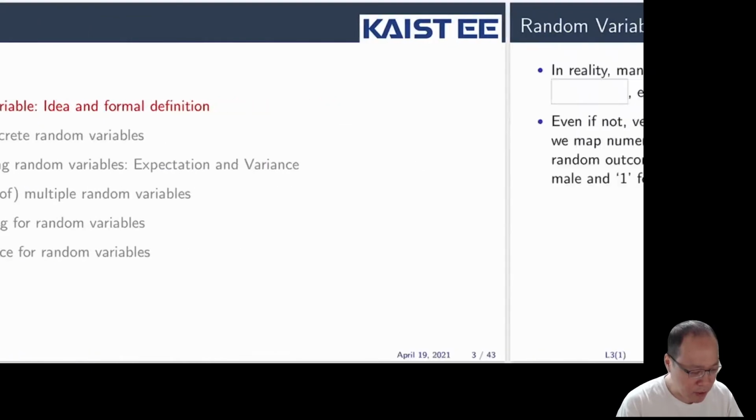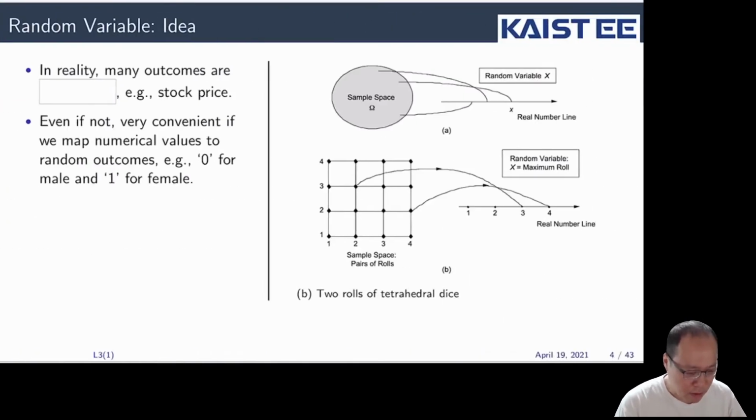Okay, first, random variable idea and formal definitions. So the random variable idea. In reality, we're talking about random outcomes, right? Many outcomes are numerical, which means that we can express those outcomes with some numbers. A good example is the stock price.